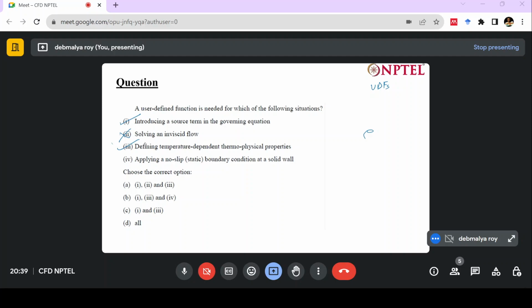Anything extra that you want to study, like for example temperature-dependent effects, or some other kind of effects like these electrical effects, or if you want to study different rheological effects, then for those things some user-defined inputs will be required. The no-slip boundary condition is very standard. So 1 and 3 are the correct options.